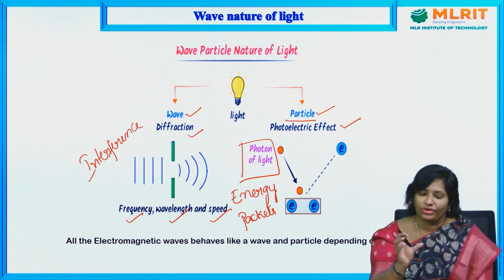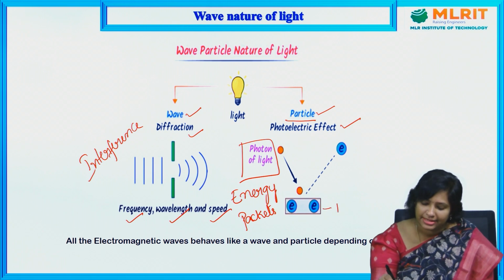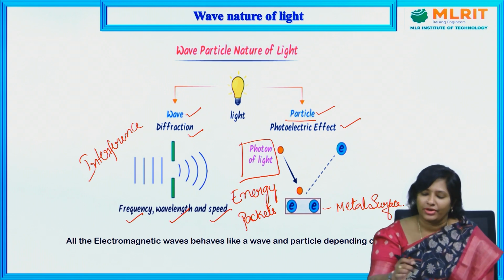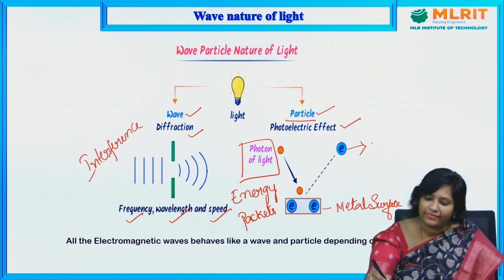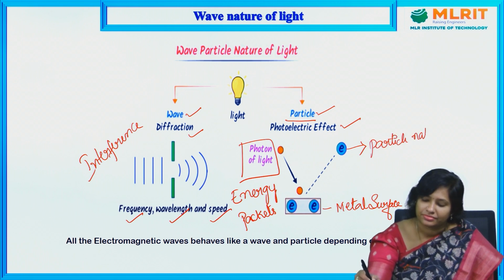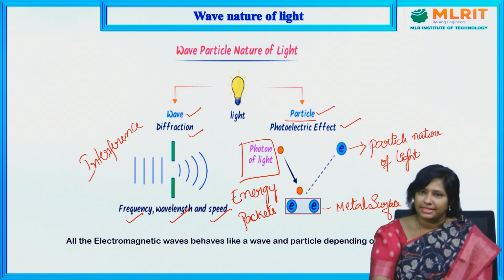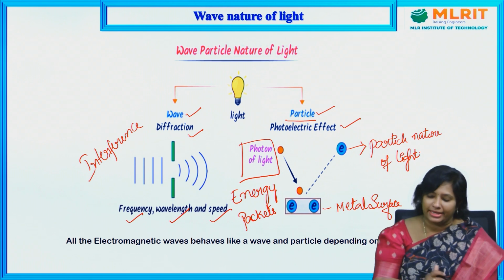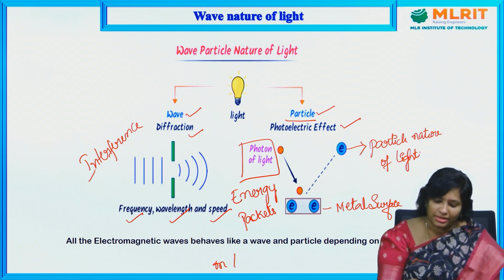When these photons are incident on a metal surface, the emission of electrons takes place, which is the evidence of the particle nature of light. Hence, according to Einstein, all electromagnetic waves behave like a wave and a particle depending on the type of experiment.